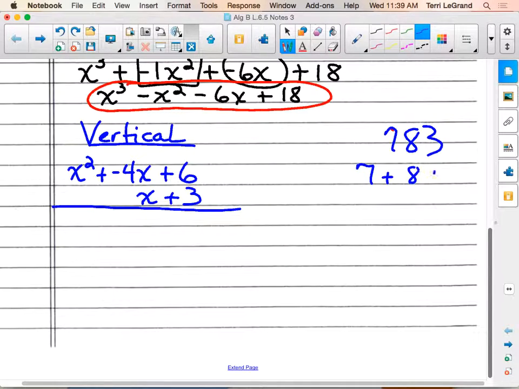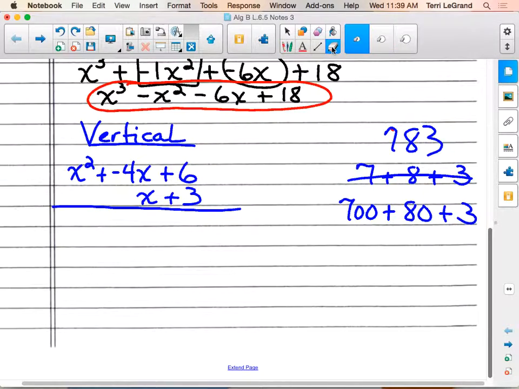Could I write that like this and it would mean the same thing? No, you have to write it 700 plus 80 plus 3. Yeah, that's how I could write it as an addition problem. So we really can still write just numbers as addition problems, but we don't do it. Aren't you happy we don't have to do that for a triple-digit number, or maybe a 10-digit number? That'd be kind of crazy, wouldn't it?